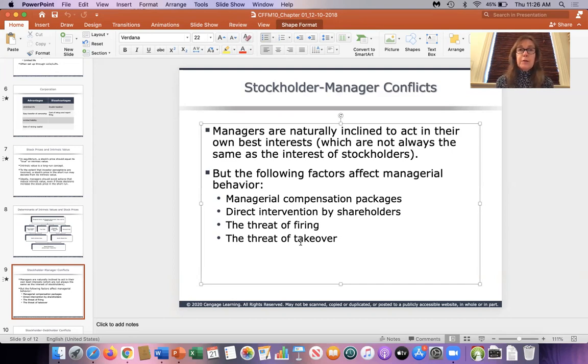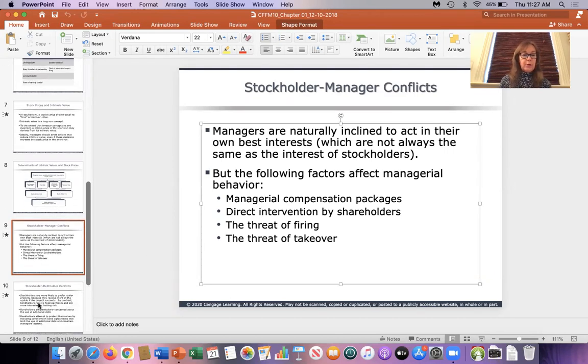So if you have a company that has some value as a good company, but is not being run well, being run inefficiently, it can be a takeover target. So the threat of that can cause the managers to perform better. The threat of a takeover could reduce these conflicts because it means that those managers are going to lose their jobs.